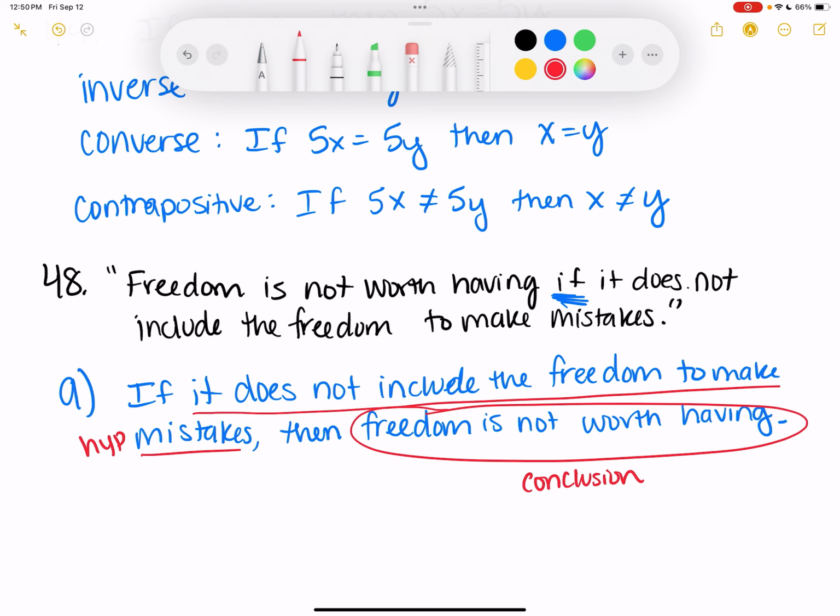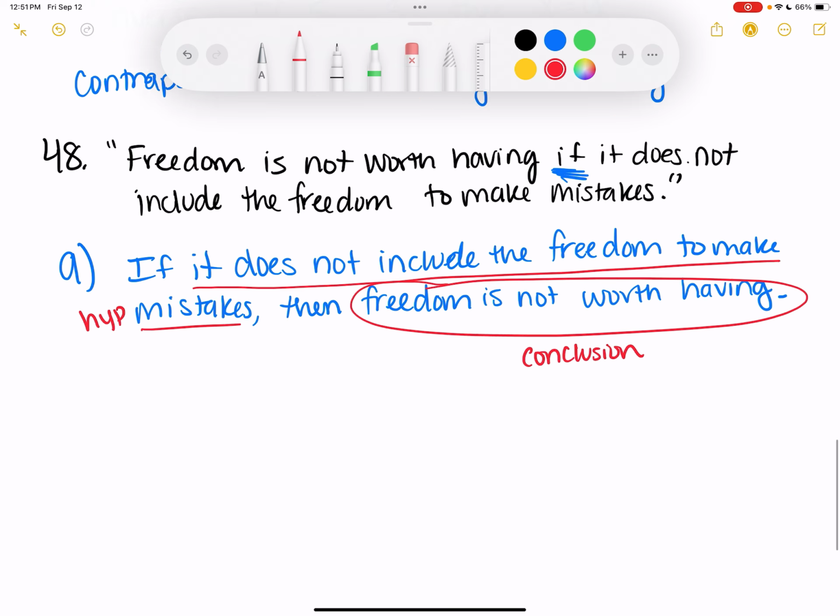Now they want us to find the inverse. What do you think might be a way we could write the inverse for this? If it does include the freedom to make mistakes, then freedom is worth... I haven't thought about this actually. You're right, you just didn't finish it. It is worth having.